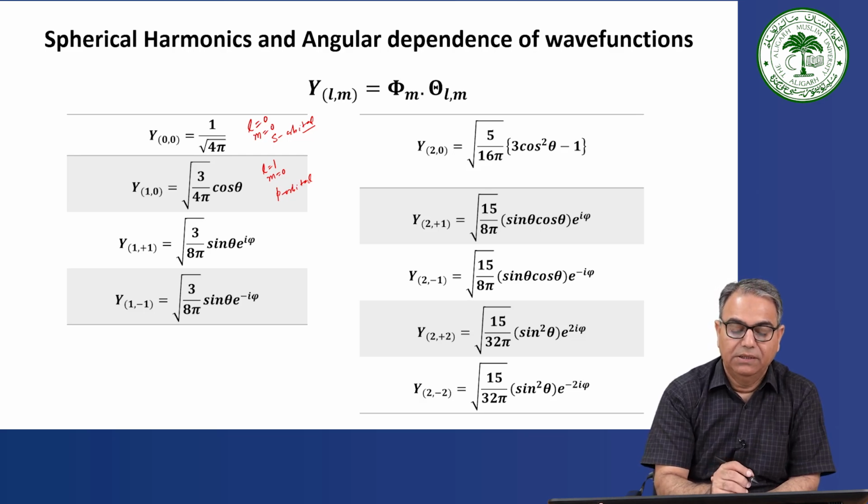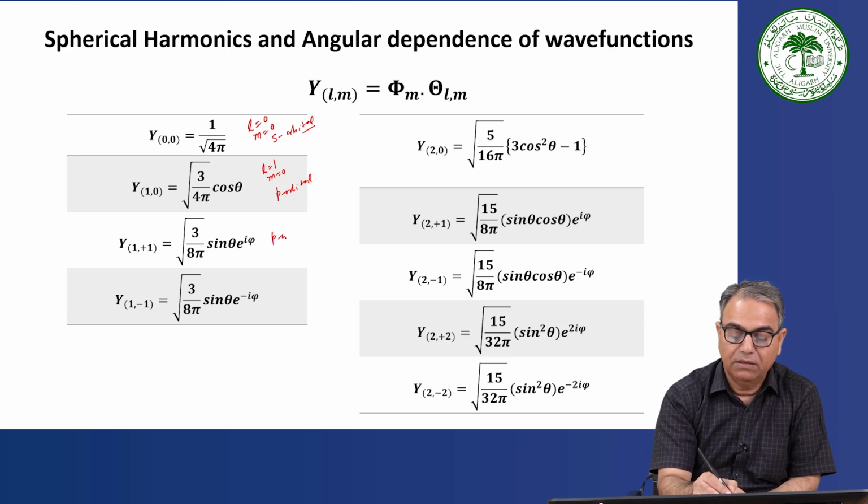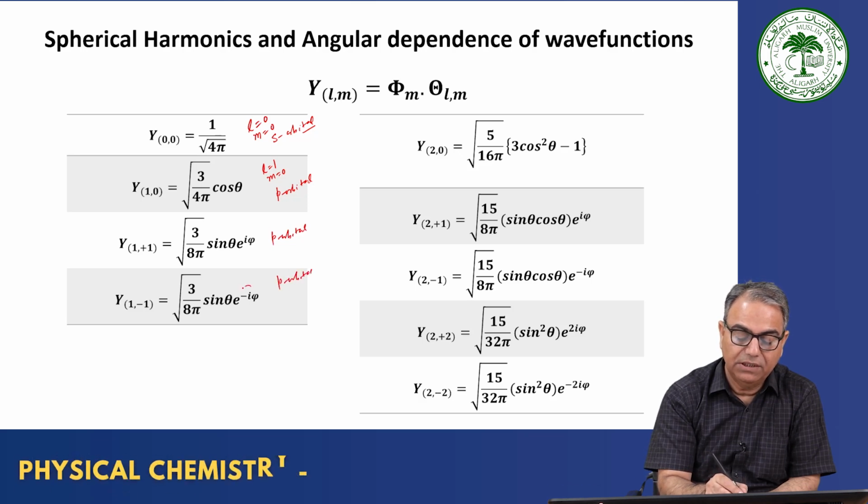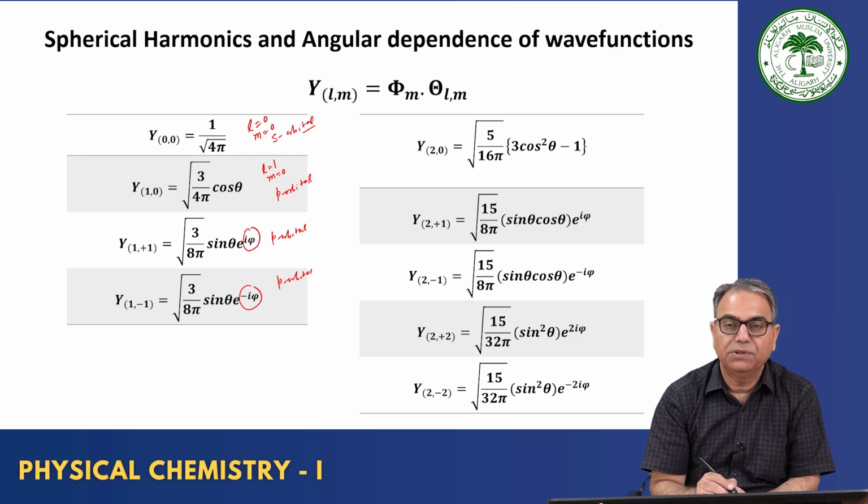Then Y1,+1 and Y1,-1 are also p orbitals. Which p orbital, we don't know. But the problem with these is the functions exponential i phi and exponential minus i phi. And I told you earlier that whenever you have an imaginary function, you have to convert it into real functions.